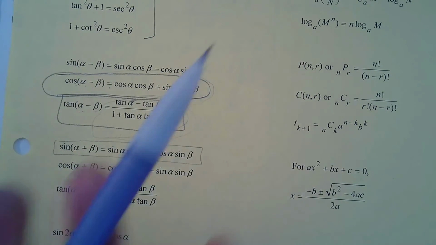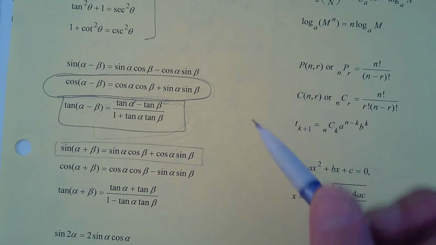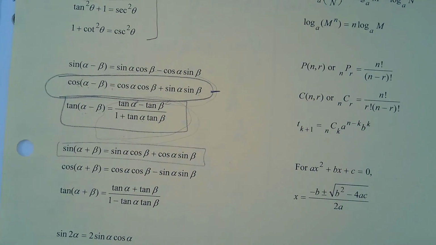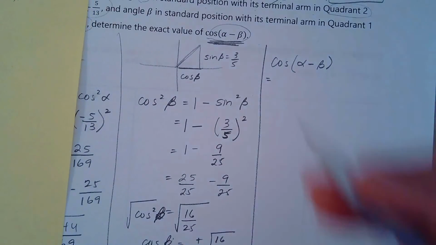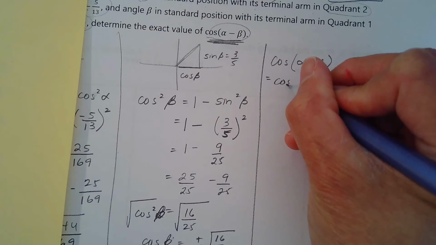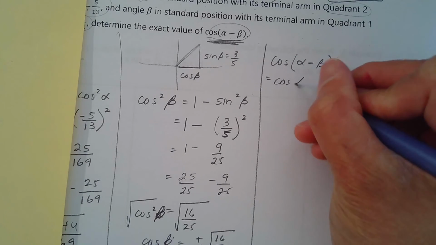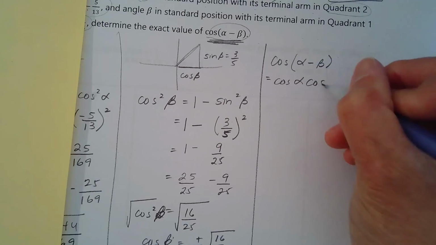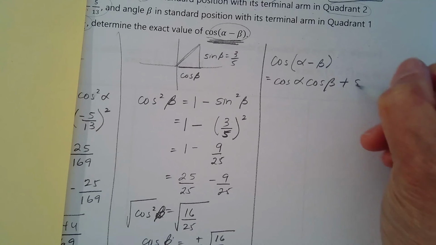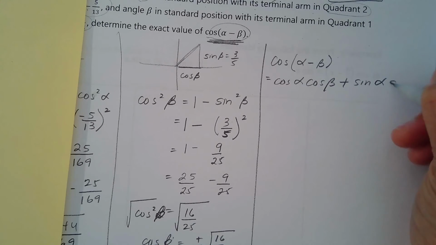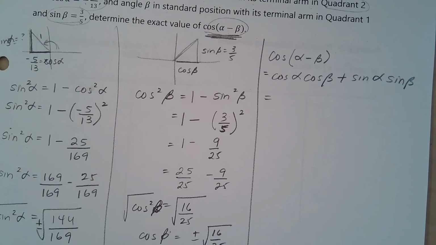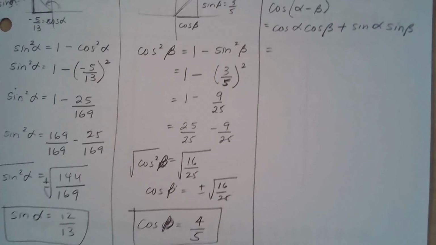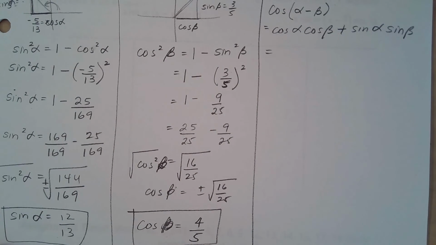These are the preliminary work to get into this piece. So let's put those in together: cos alpha times cos beta plus sine alpha times sine beta. We figured all of them out. We just have to put them in the right places.